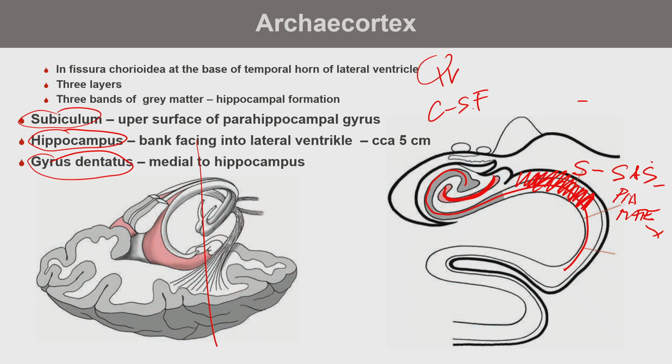This layer of gray matter is rolled around and forming this structure, and this structure is called hippocampus. Hippocampus is facing also cerebrospinal fluid, but facing intraventricular space. So it is covered by ependyma.